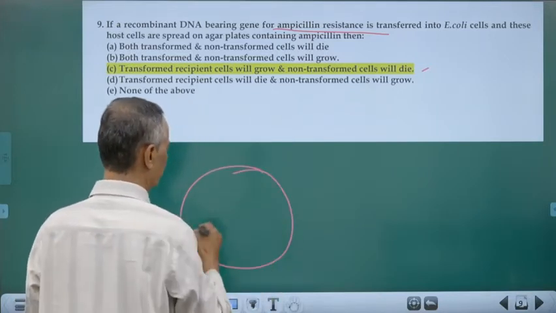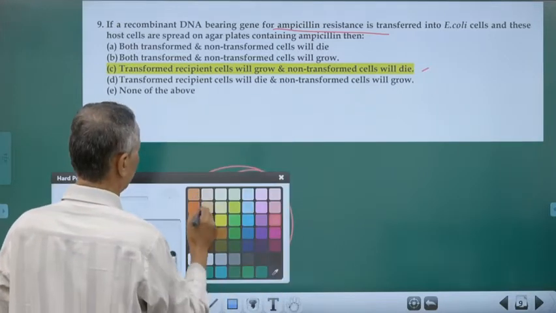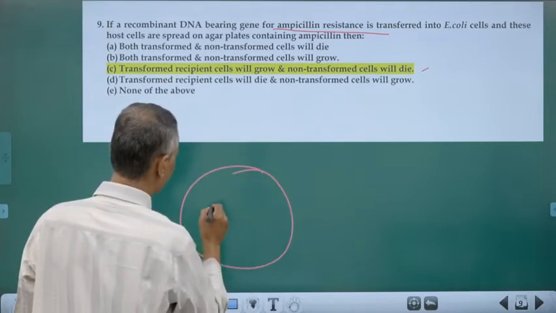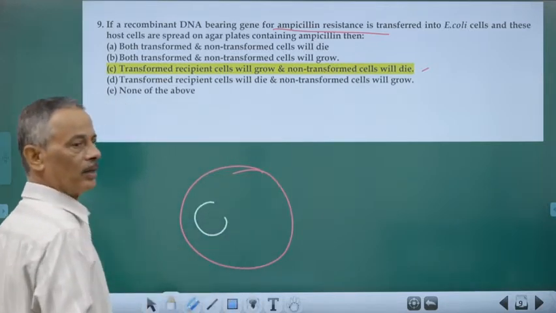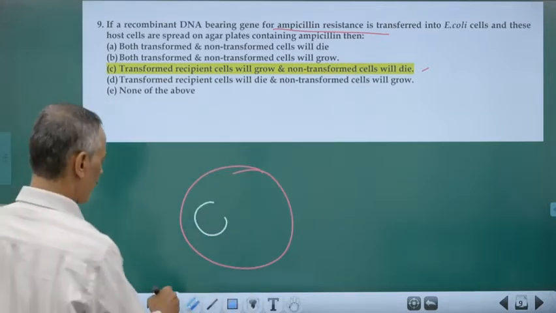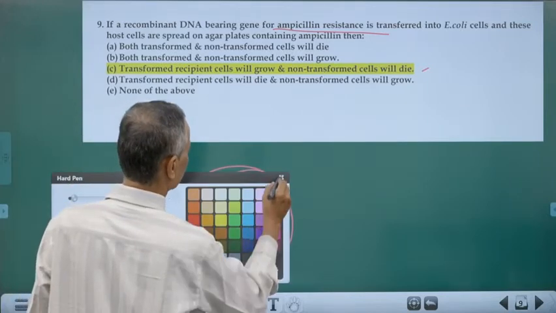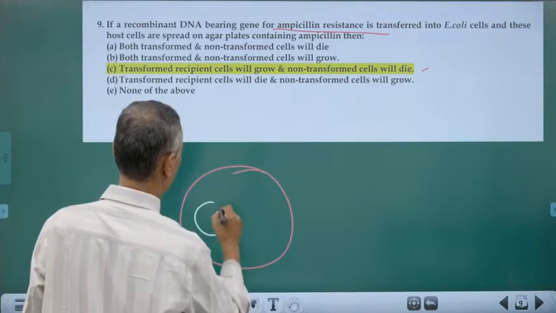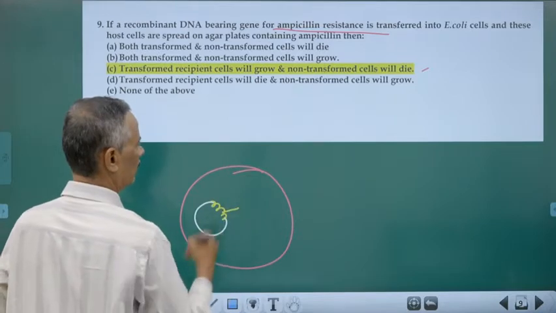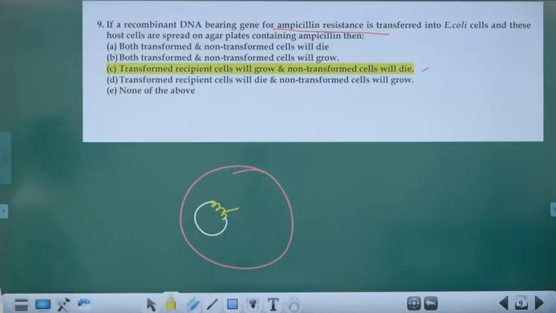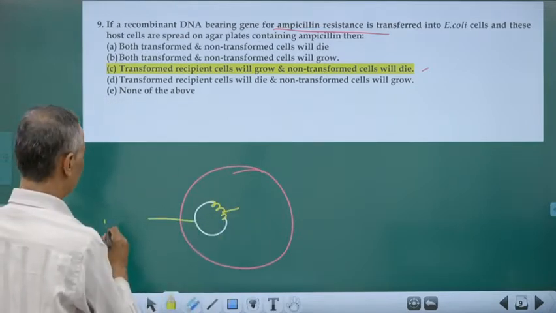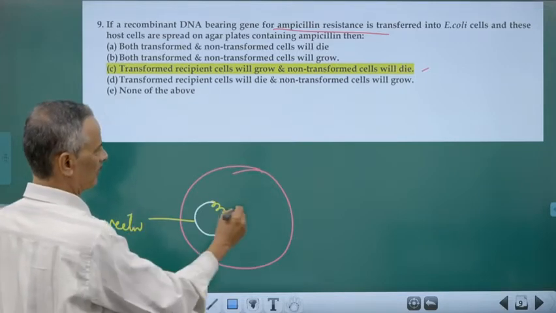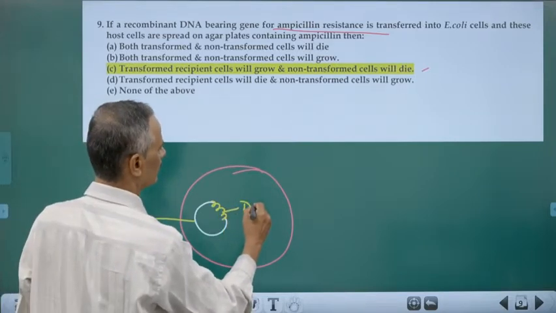This is the bacterium cell. And this is the vector. And this is the desired DNA. Now, this is the vector and this is the desired DNA.